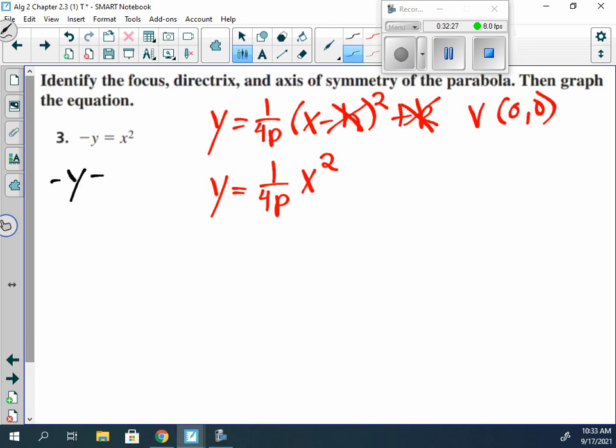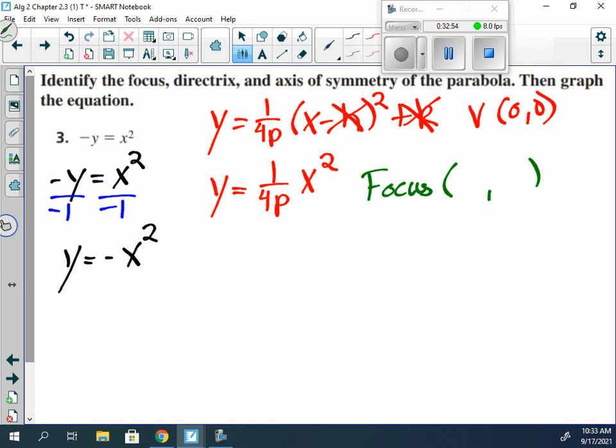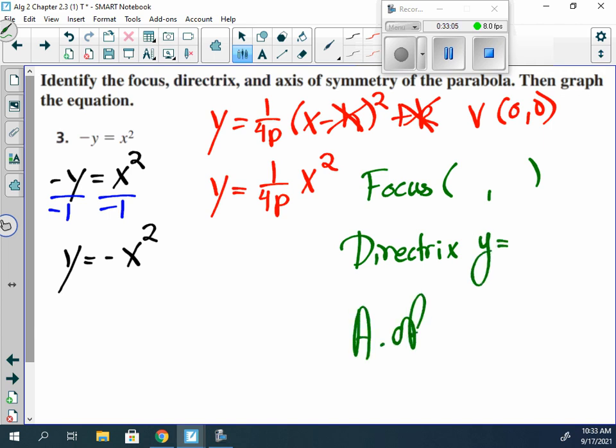So we start out with negative y equals x squared. So what can I do to make the y positive? Divide by negative 1. And negative y divided by negative 1 would be positive y equals. So we have the focus, directrix, and axis of symmetry.